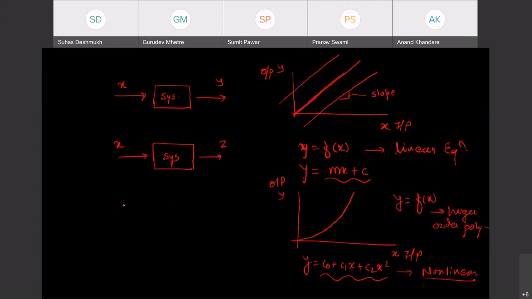Another way of doing the same thing, just take an example. This is one equation that is linear and this is non-linear. Now there is another principle called the superposition principle.